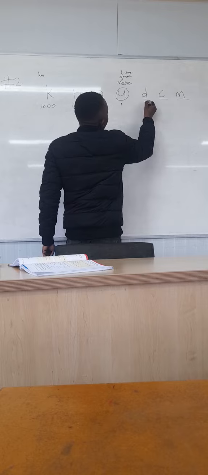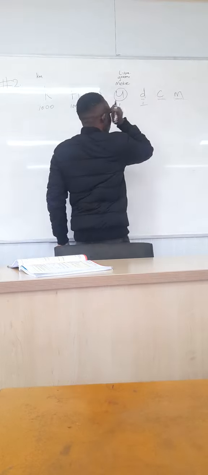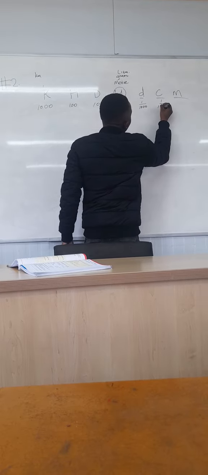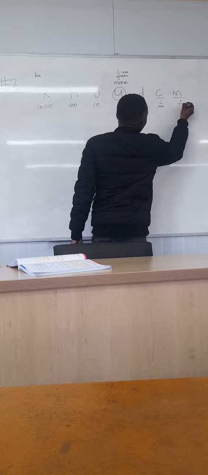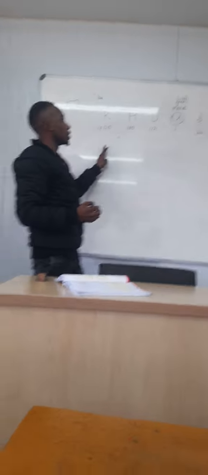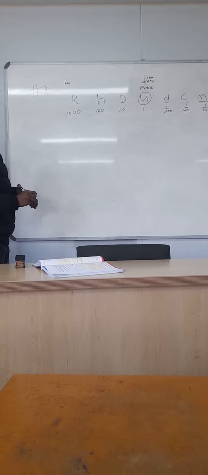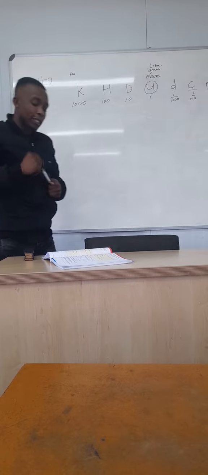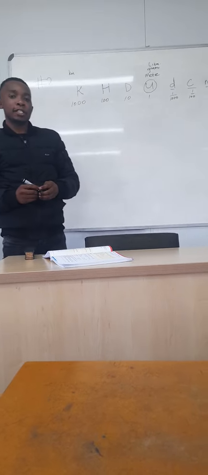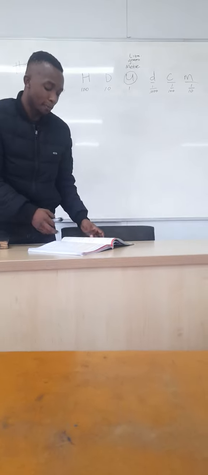Deci, you can now write 1 over 10, centi 1 over 100, milli 1 over 1,000. So these are the biggest units, these are the smallest units.